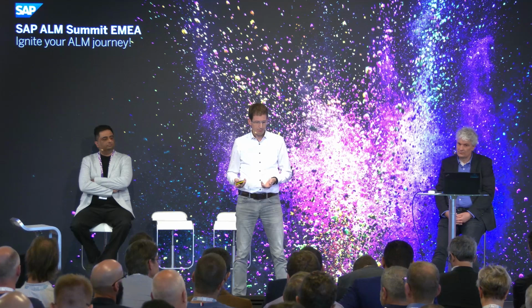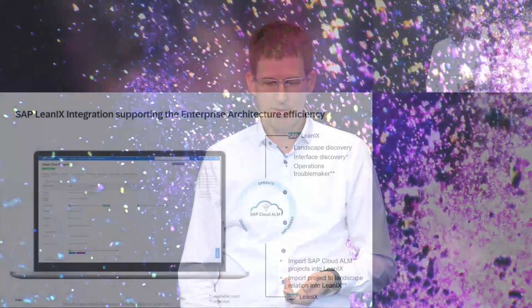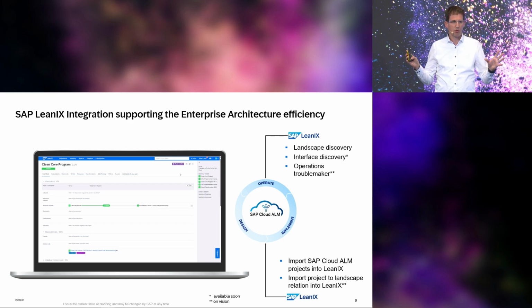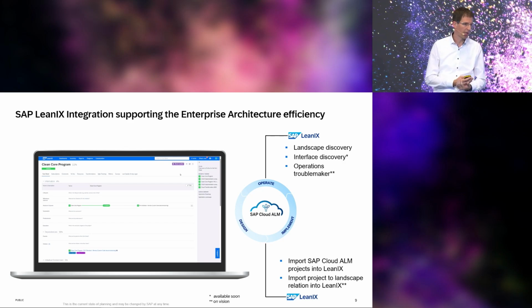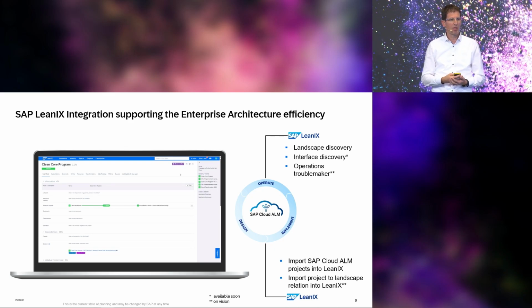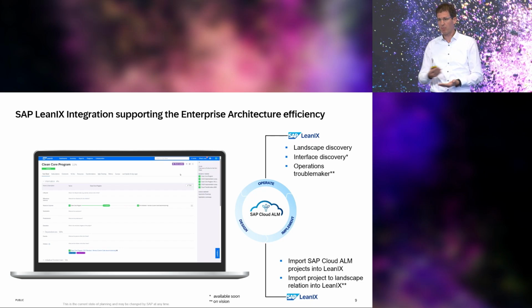In addition, we also built an integration with the project management part of Cloud ALM. Think about a bigger transformation. There you create an initiative in LeanIX, break that down into further structured projects, and then we have the possibility to create Cloud ALM projects directly out of these fact sheets, or you can link existing Cloud ALM projects.